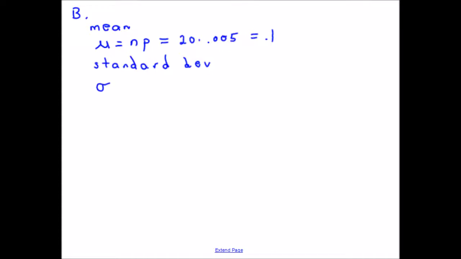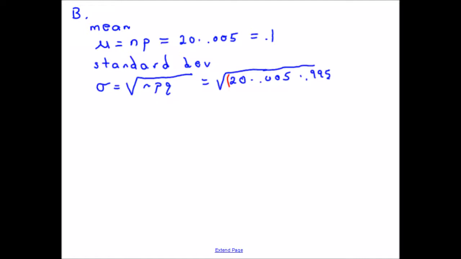It's still a sigma, it's still a square root, but there's a nice short NPQ. Our example, square root of 20 times 0.005 times 0.995.